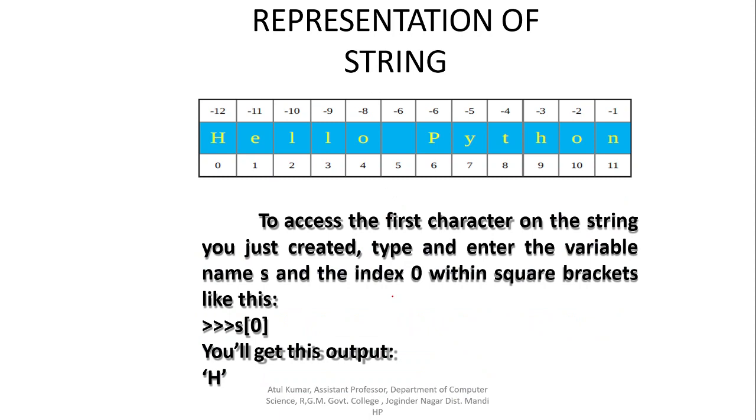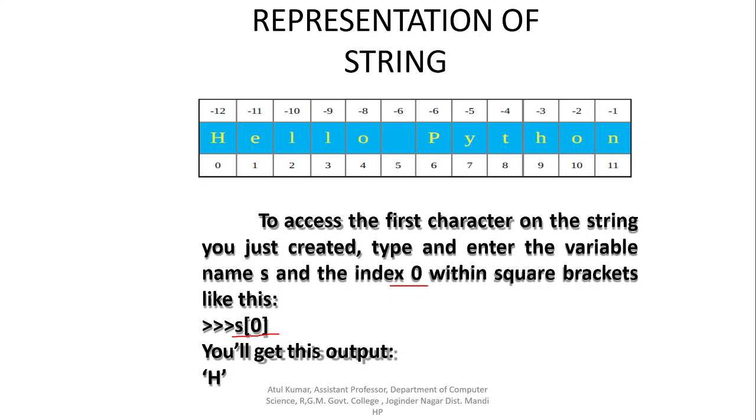Suppose you want to access the first, or 0th, element in the string. It can be accessed in Python with this syntax: s, then a square bracket, the index which you want to access, and the square bracket closed.